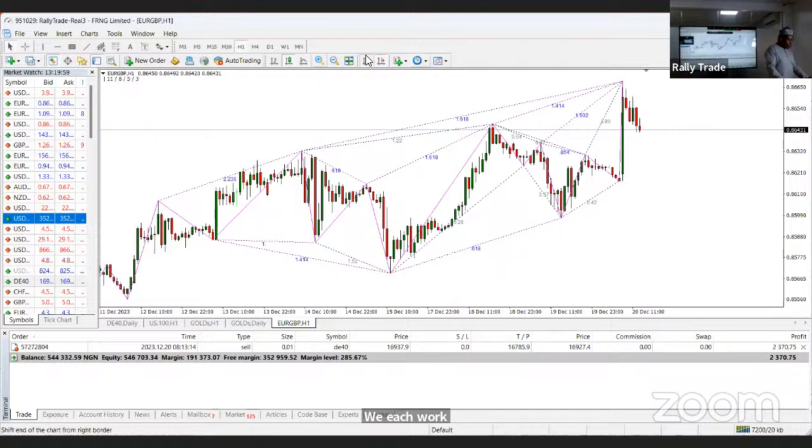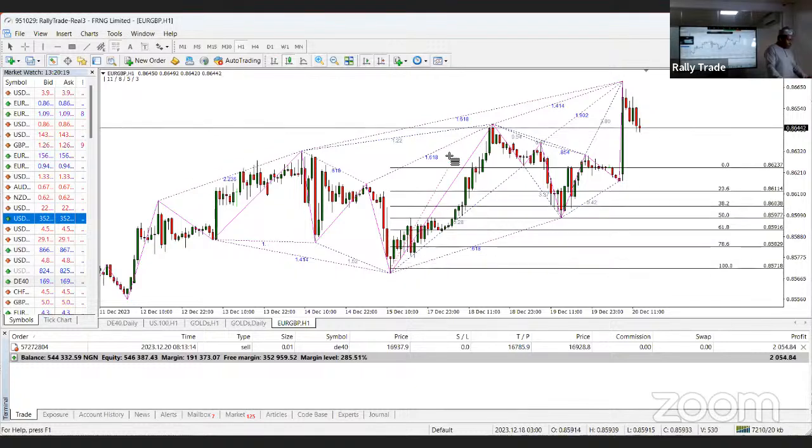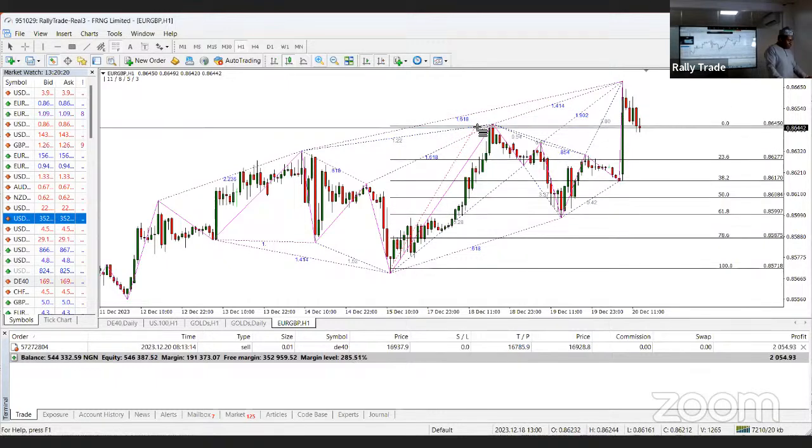On H1, what do we have? If we draw from this level to this, the retracement was at 61.8.